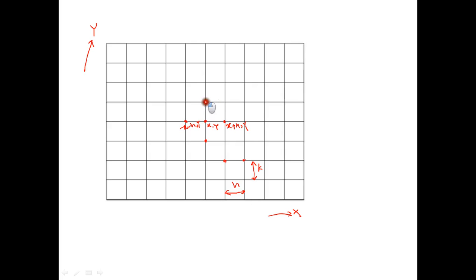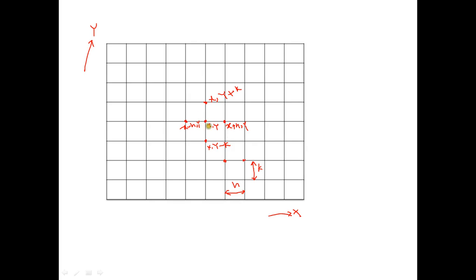So in this domain, what is the value here? x remains fixed, so y plus k, and here also x is fixed, so y minus k, right? So we have four values in two-dimensional. In two-dimensional we'll get four nodes around a node.